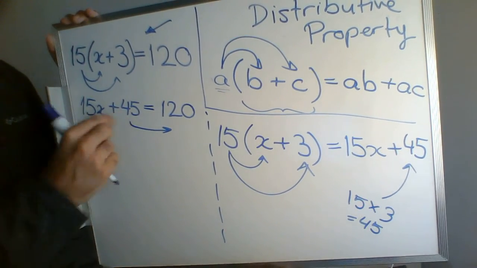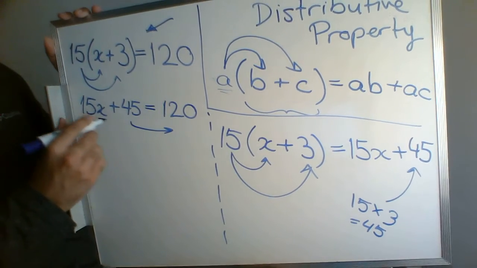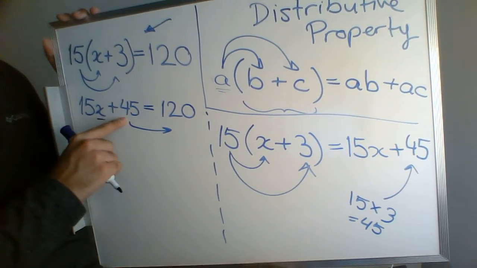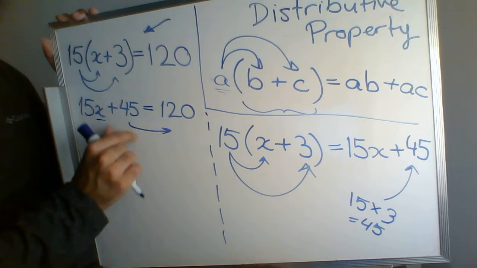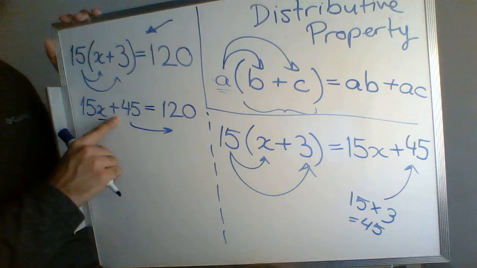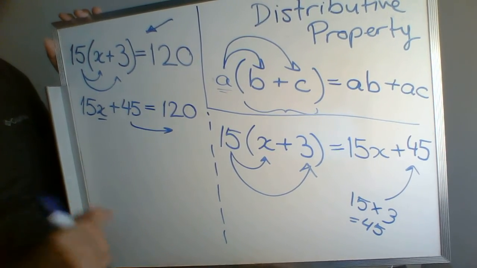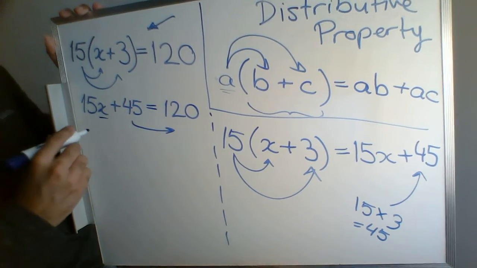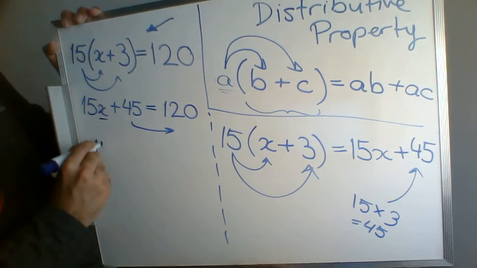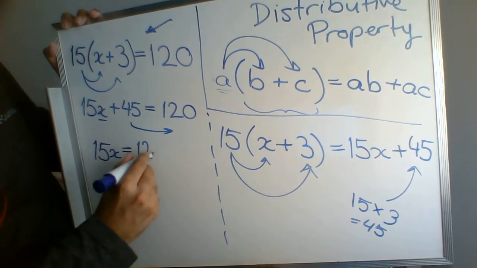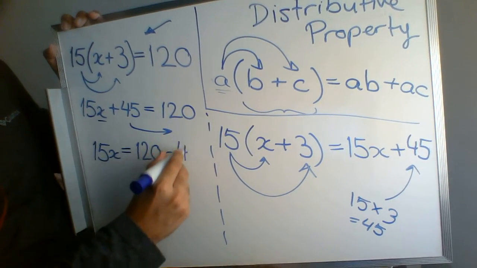However you like to think about it, either we're subtracting 45 from both sides, or we're taking this 45, and as we throw it over the equal sign, we switch the sign. It was being added over here, so it'll be subtracted over there, or it was positive over here, it'll be negative over there. But what we'll ultimately get is that 15x is equal to 120 minus 45.